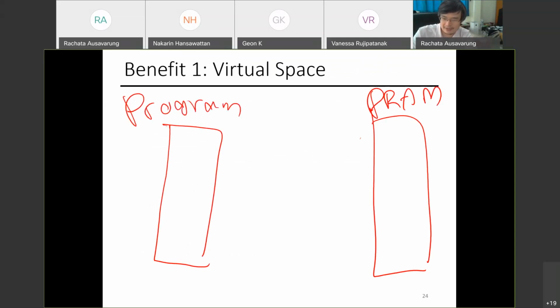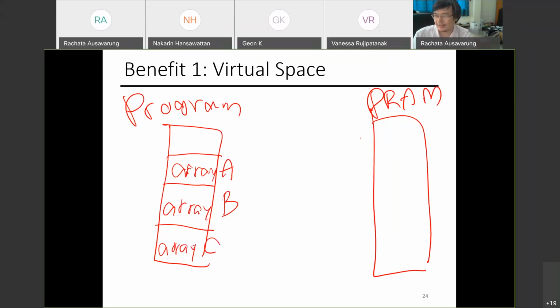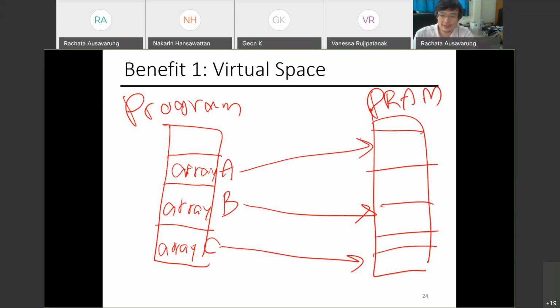I have data here for array A. You have this data here for array B. You have this for array C. And somehow, these arrays A, B, and C would be mapped and managed by the virtual memory. You don't know where they are. It will magically be accessible, right?